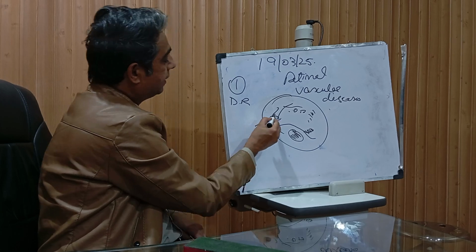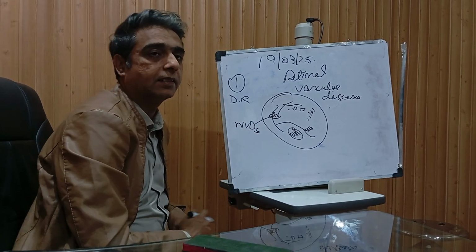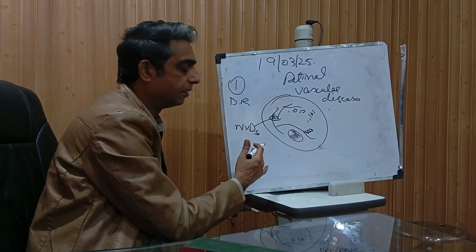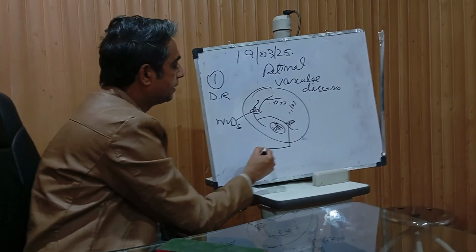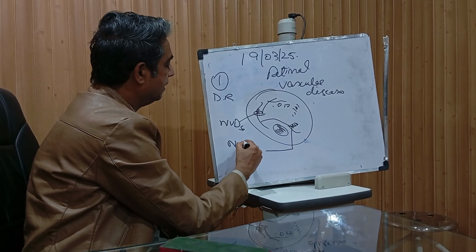Blood vessels at the disc we call NVDs, that is new vessels at disc. It is a universal terminology. If they are present somewhere else, we call them NVEs.